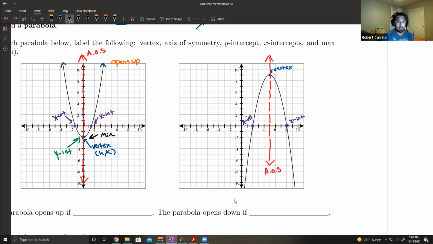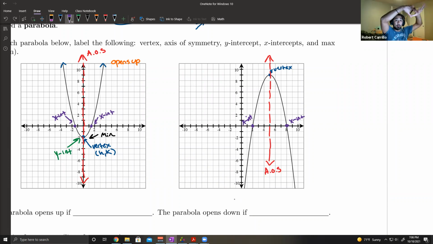It does not show the graph intersecting the y-axis, but eventually the graph would intersect the y-axis and give us a y-intercept. But with the portion of the graph we're given, we can't label a y-intercept. And then the last part, maximum or minimum.